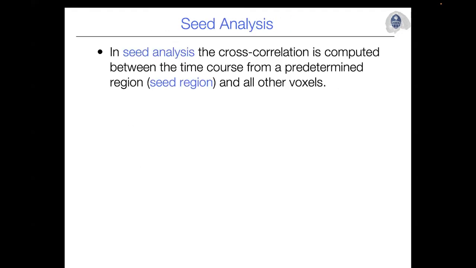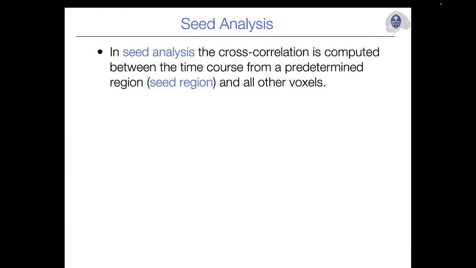The seed analysis is probably the simplest thing that you could do. You say, hey, let me extract data from the amygdala, as an example, and I get a time series from the amygdala, and now I want to calculate the correlation between that time series and every other voxel of the brain.